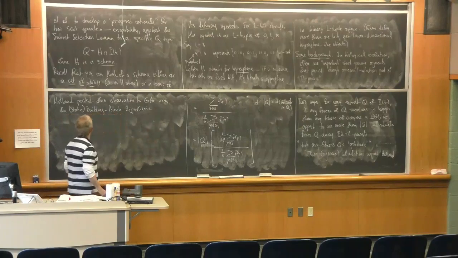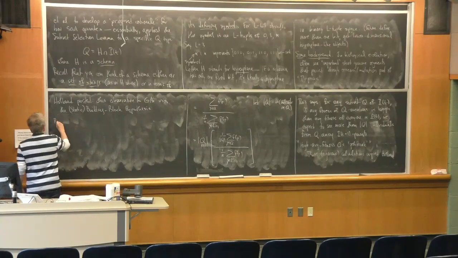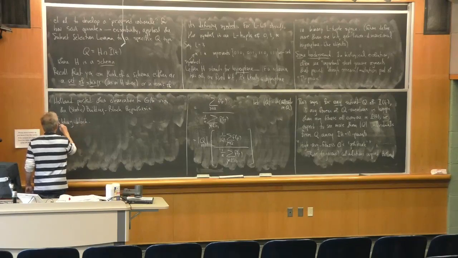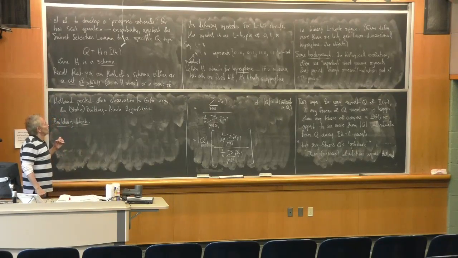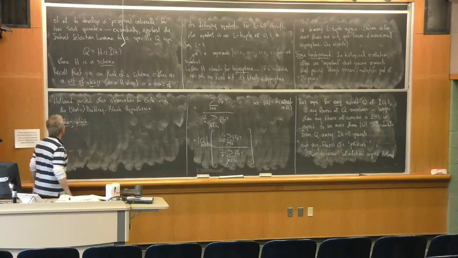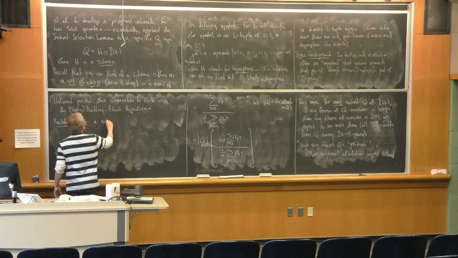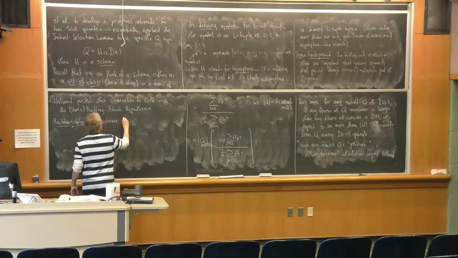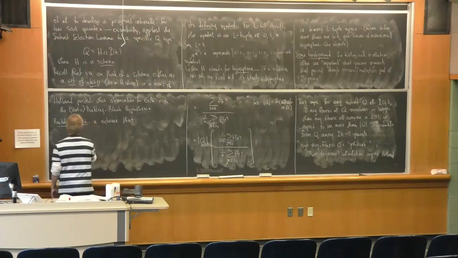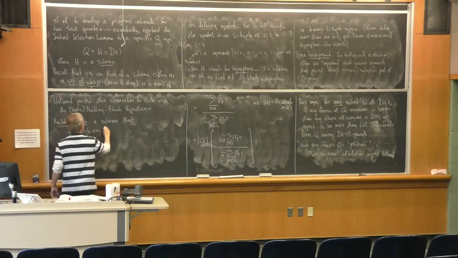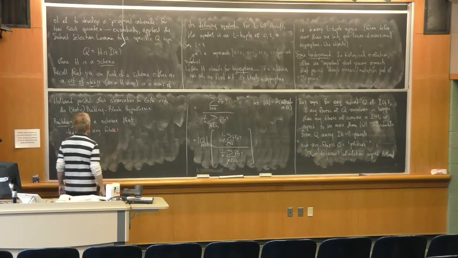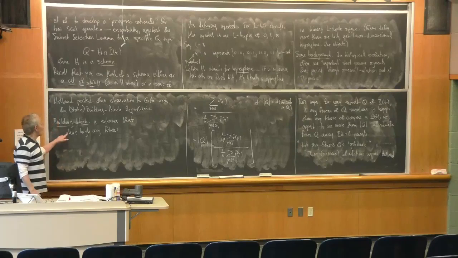What was that? For Holland, a building block was a high average fitness schema. So it's a schema with the following properties: it has high average fitness. And remember, what is average fitness?